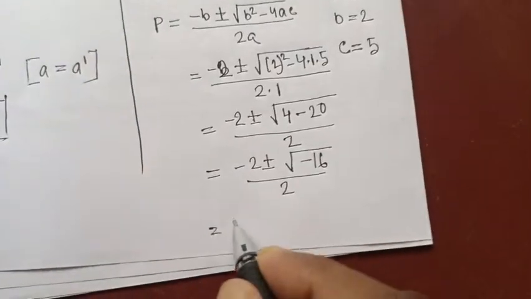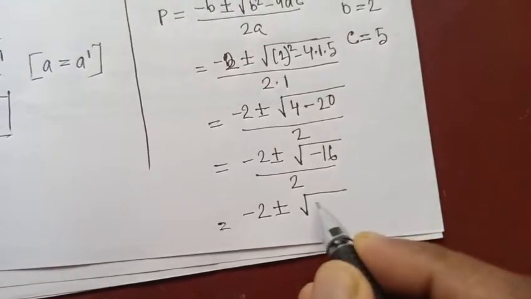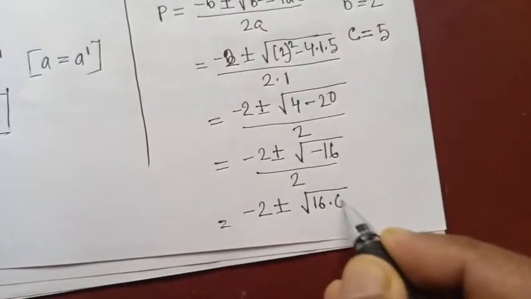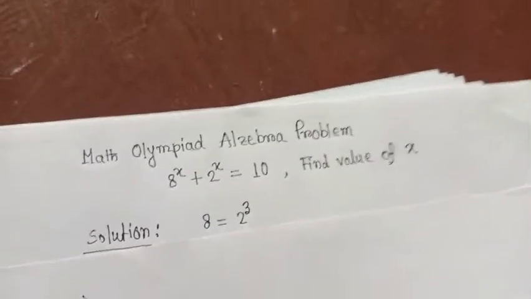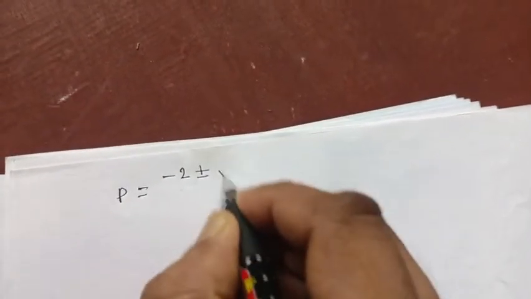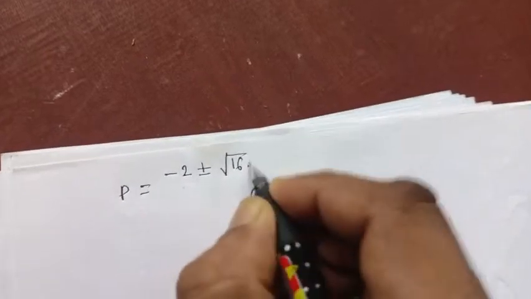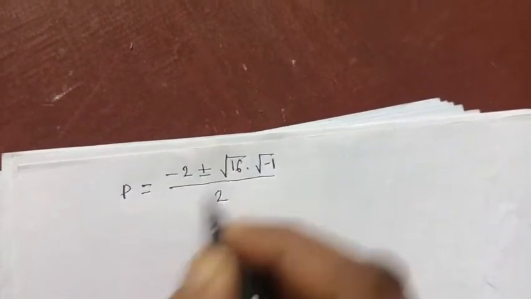We can write minus 16 as a multiple of 16 into minus 1, so p equals minus 2 plus minus root over 16 into root over minus 1 by 2.